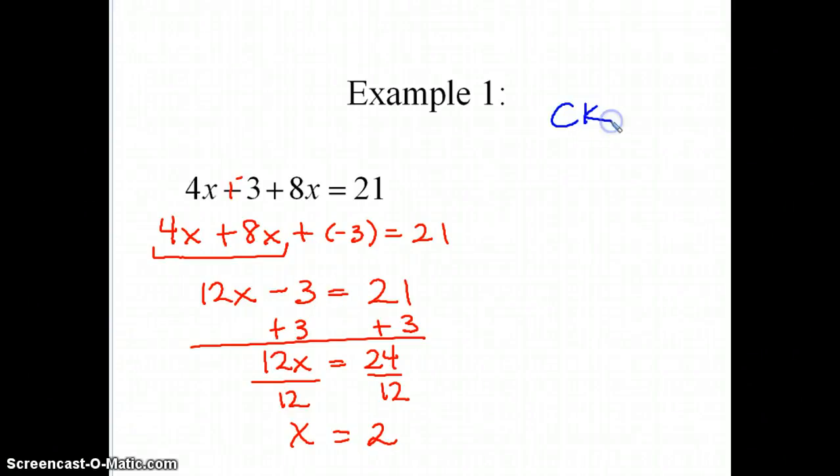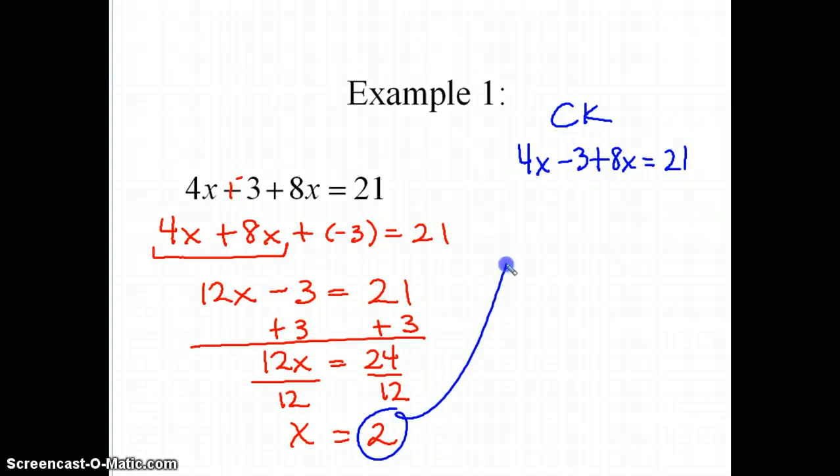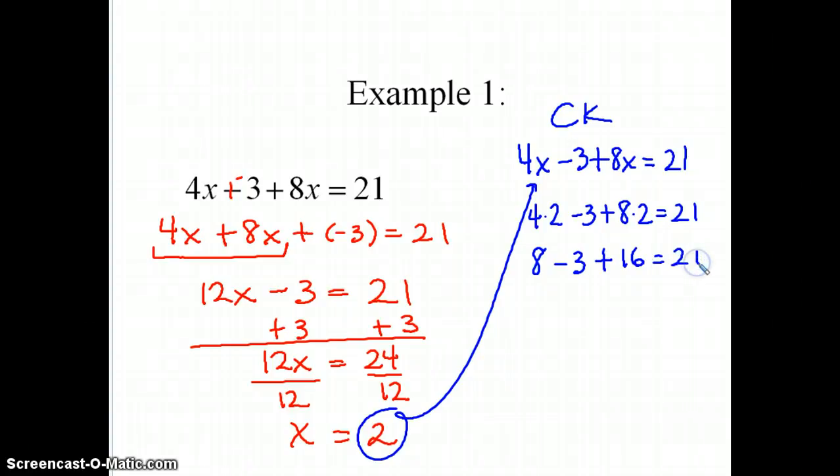We can check this by taking the original equation, 4x minus 3 plus 8x equals 21, and replacing wherever we have an x with the number 2. So I have 4 times 2 minus 3 plus 8 times 2, which equals 21. 4 times 2 is 8, minus 3, plus 8 times 2 is 16, is equal to 21.